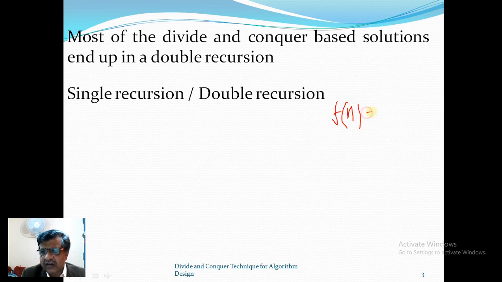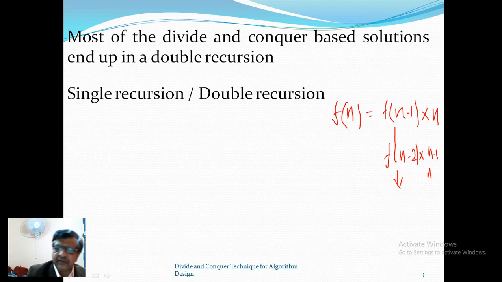So factorial of n is factorial of n minus 1 into n, and factorial of n minus 1 is factorial of n minus 2 into n minus 1, into n, like this. So it goes on growing in one direction. It is unidirectional, or it grows like a chain.